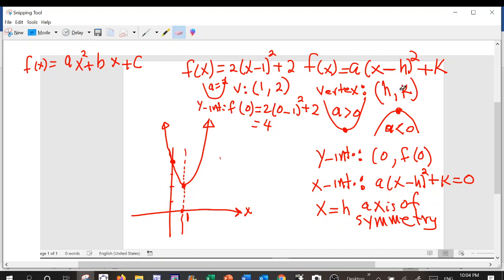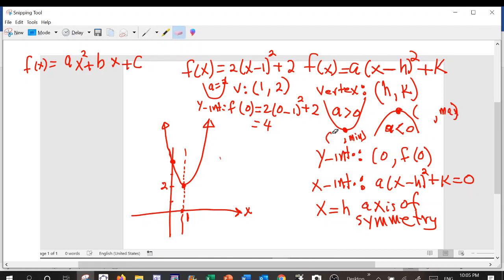So now notice that when we say min and max, the minimum here, for example, is nothing but the y coordinate of the vertex. So if we have one of these, the y coordinate of the vertex is going to be the min, and if we have one of these, the y coordinate of the vertex is going to be the max.